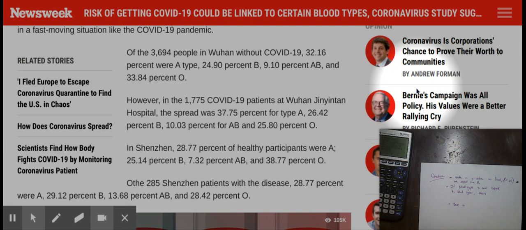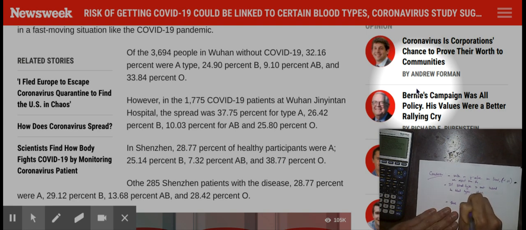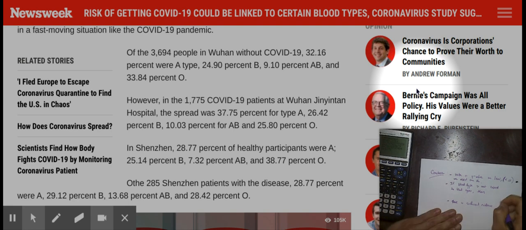Let's explain the p-value. If the risk of catching the coronavirus is not linked to blood types, then this observed stat of getting only 303 sick people with type O blood would happen only less than 1% of the time. There is sufficient evidence to say that if you are type O blood, you are at less risk.